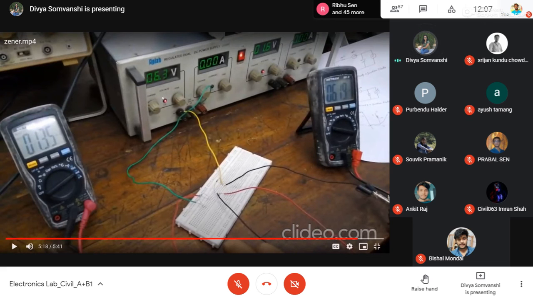So suppose at 6.15 you have a current of 1.5 microampere. Then you have to go again for 6.16, 6.17, 6.18 and 6.19. It means at values close to the Zener breakdown, you have to note down all the values.